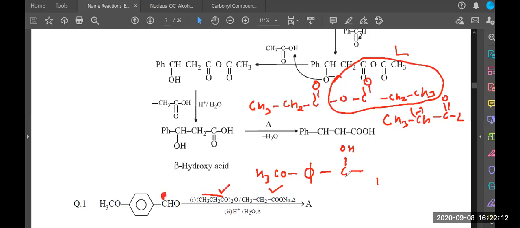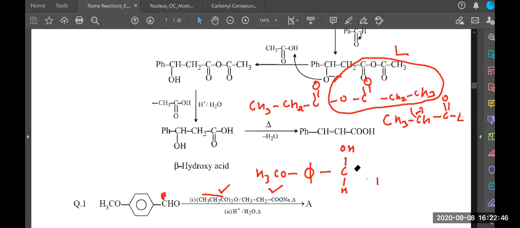Now, obviously, we'll have one H. I just form OH, I took H from an acid, this H plus. Now this will attack over here, so there's a bond between this carbon and this carbon. Yes or no? Tell me. So I'll just form a bond.